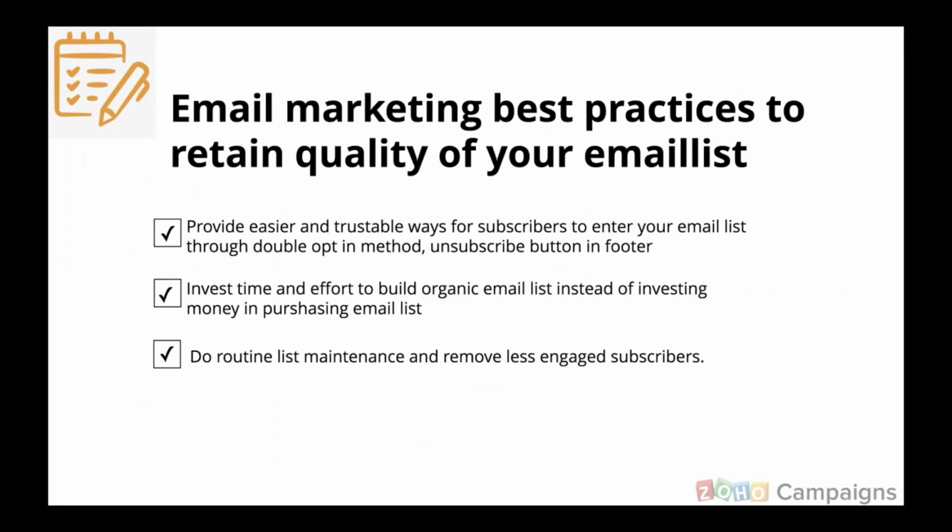And provide an unsubscribe button in the footer of your email. When you provide an unsubscribe button, they will choose to opt out when they feel right. And when you are very transparent with your subscribers, it will help in building their trust in you. So keep your doors always open. Be transparent about your communication with them.